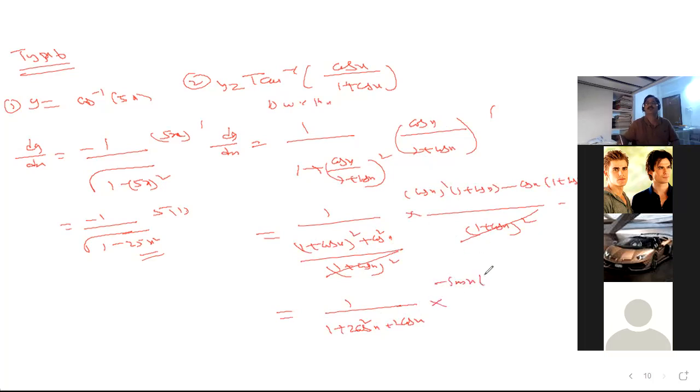Minus sin x (1 plus cos x) minus sin x. Okay? Nothing is there. Now think of this: 1 plus 2 cos square x plus 2 cos x. What will you get here? Only sin x, guys, because minus sin x cos x and plus sin x cos x cancel. So we will have it like this. Agree? Yes, sir.